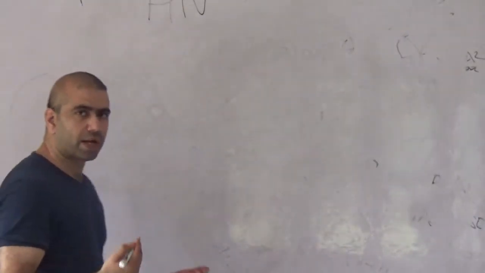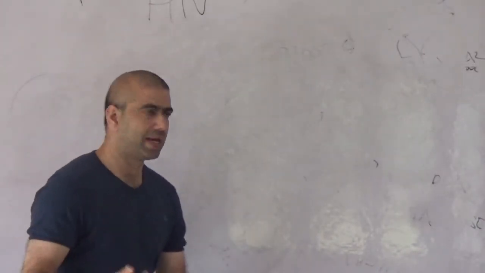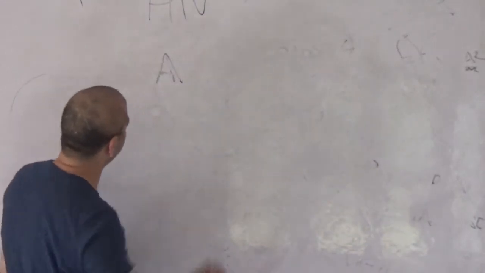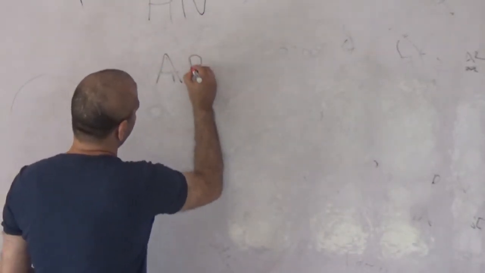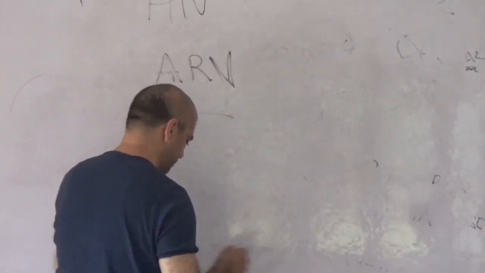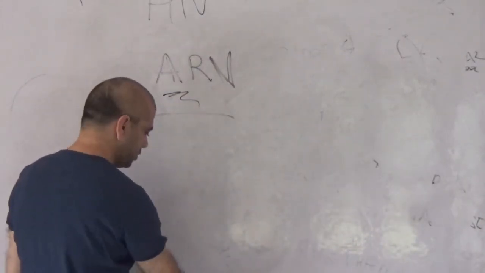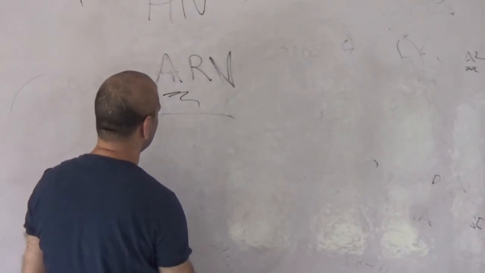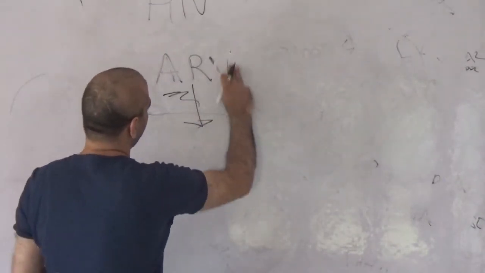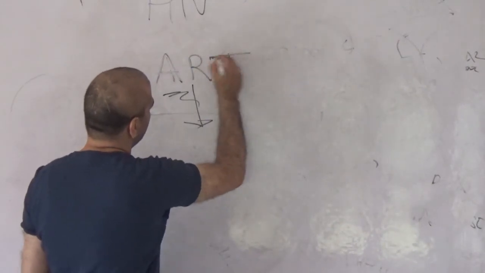So the treatment for HIV is to prolong the human life. We have something called antiretrovirals, that's called antiretroviral therapy, ART.